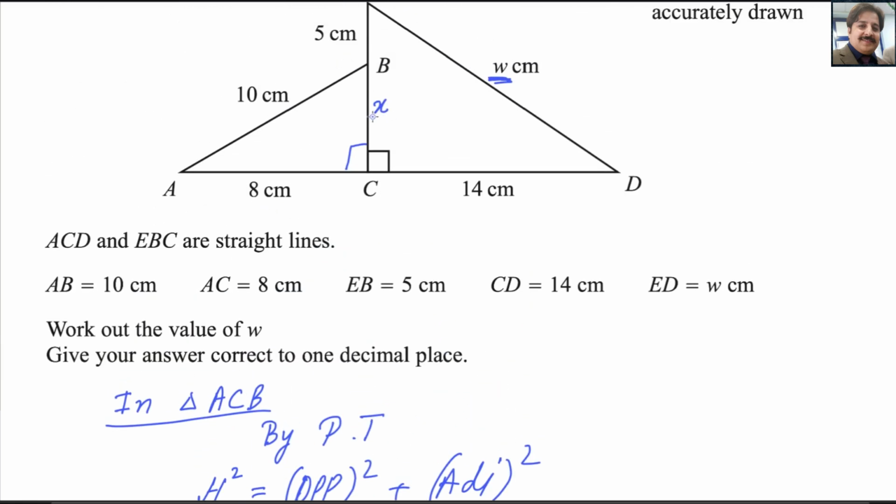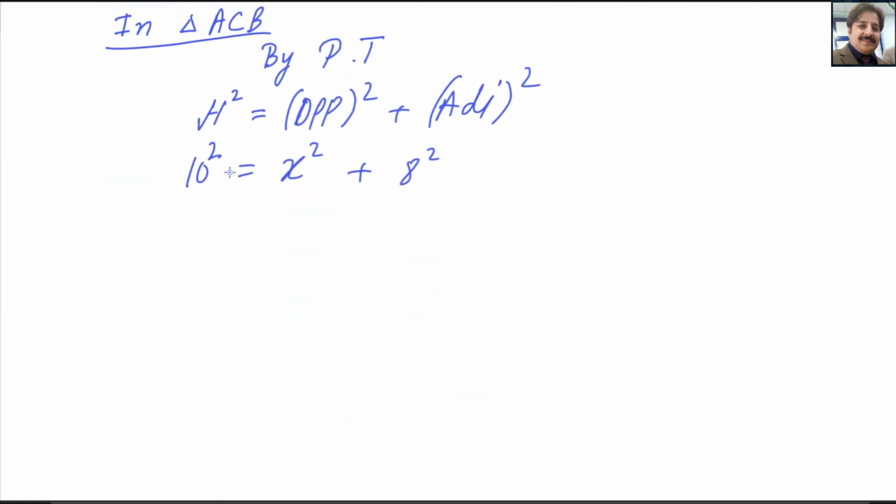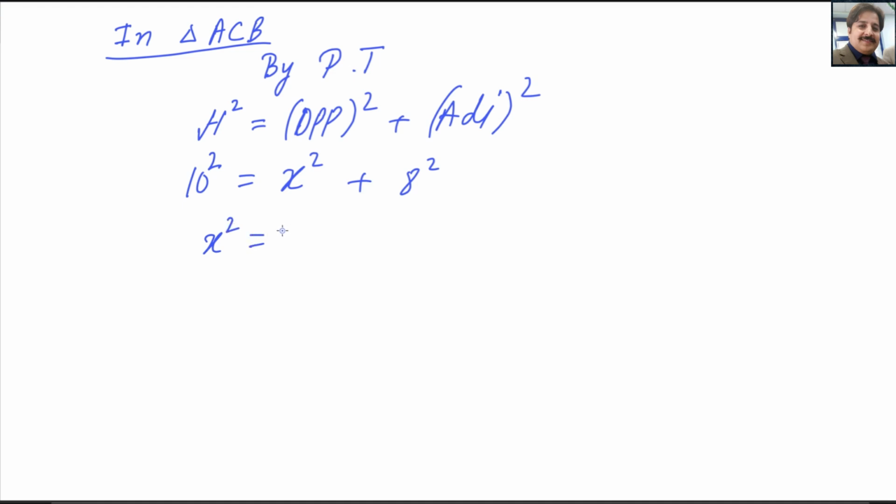This is adjacent, this is opposite. From here we can get the value for x: x squared equals 100 minus 64, which is 36. We take the square root of both sides to get rid of the square. x will be equal to 6.